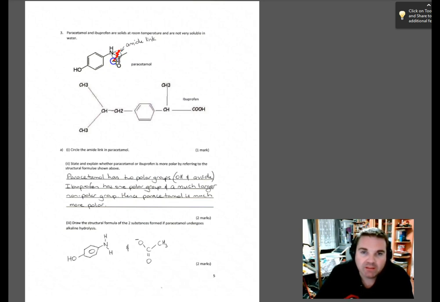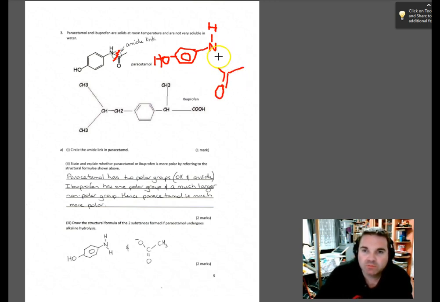You break that link, and you draw out the 6-membered ring structure with the NH that you had there, and obviously there's the OH group over here. That's one part of it, and on the other side we've got this. All we've done is broken the bond between this nitrogen and this carbon here.